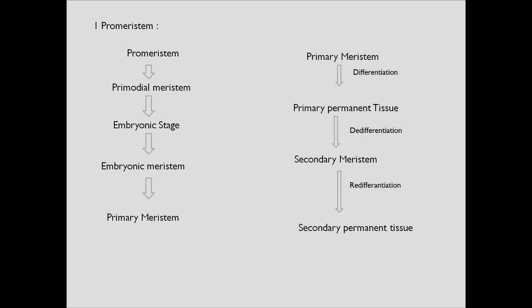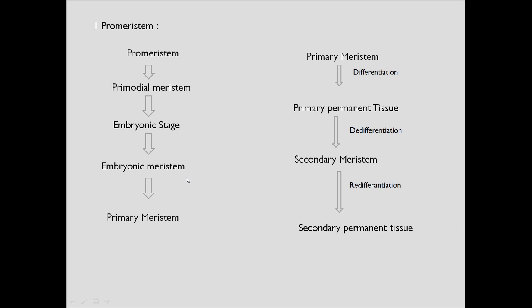Promeristem is also called the primordial meristem. This promeristem, or primordial meristem, is found in the embryonic stage, so it is also called the embryonic meristem.